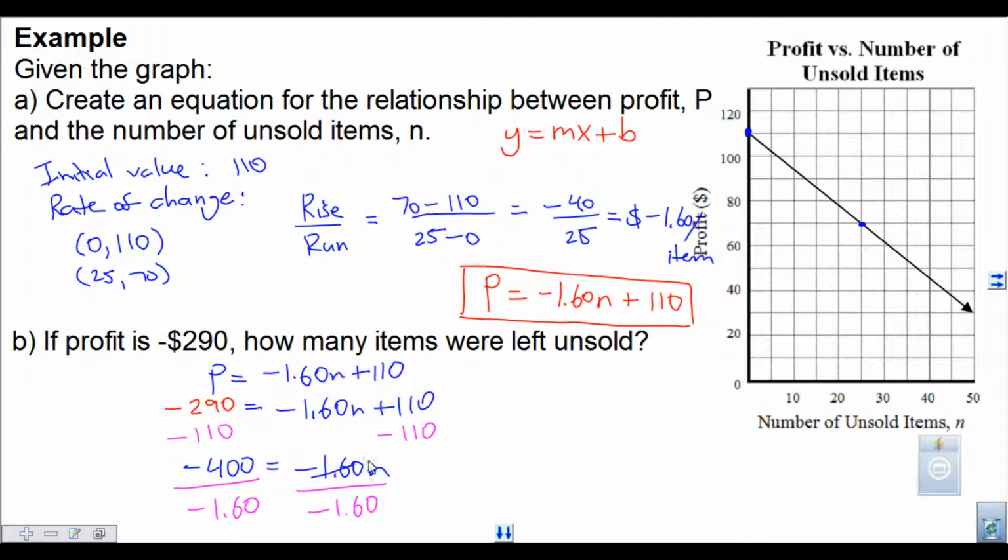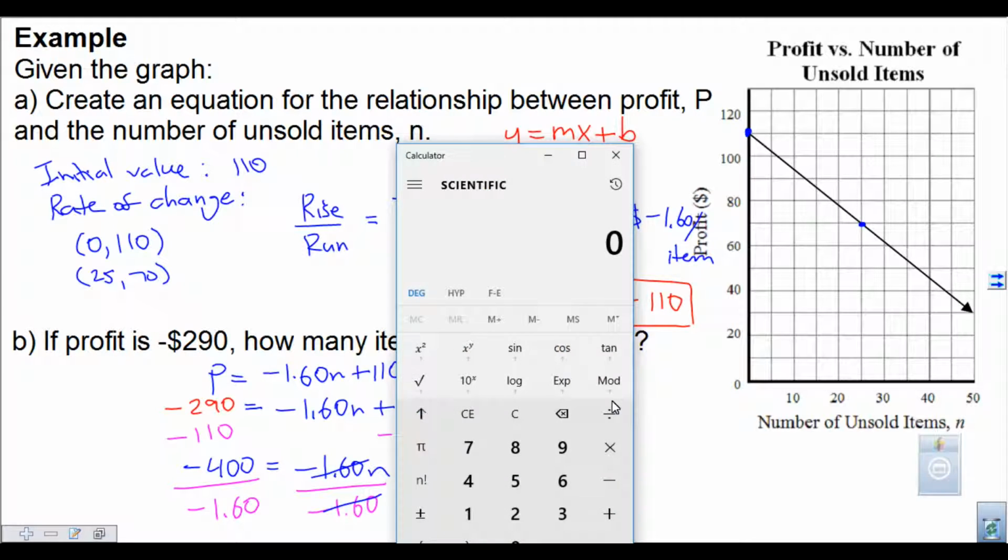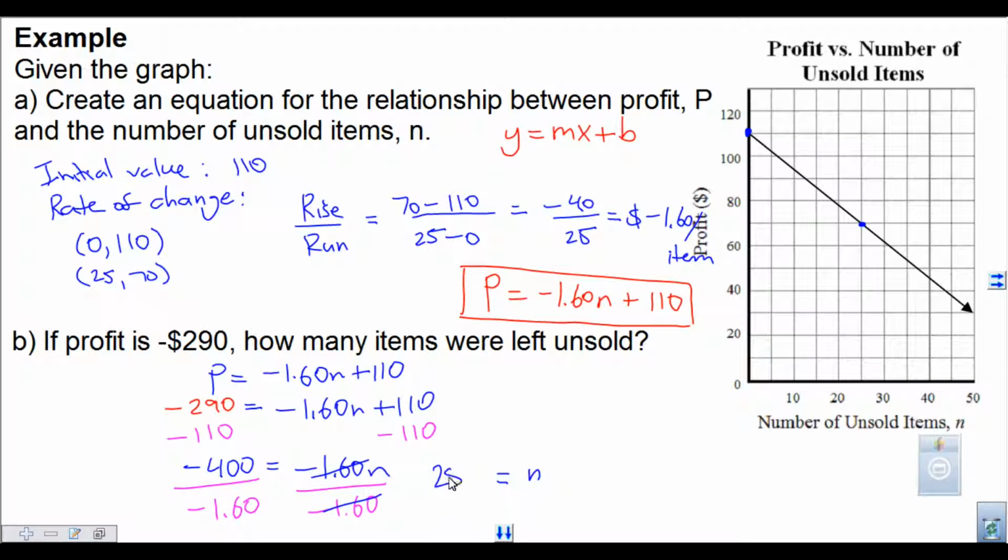All right, so those will divide away. So N is equal to negative 400 divided by negative 1.60, and that'll equal 250. So how many items were left unsold? 250 items unsold.